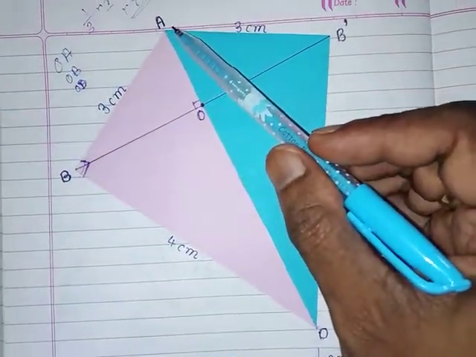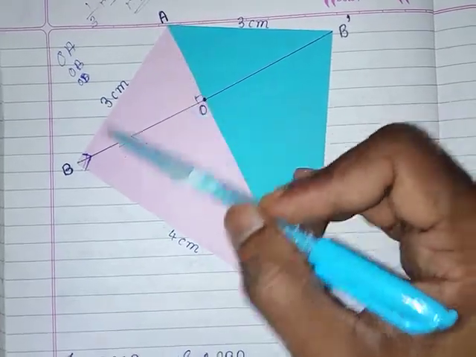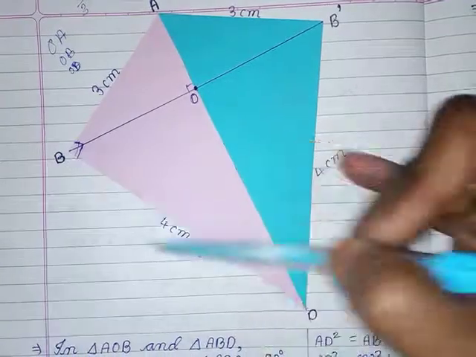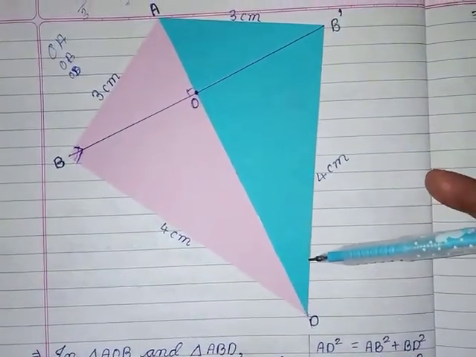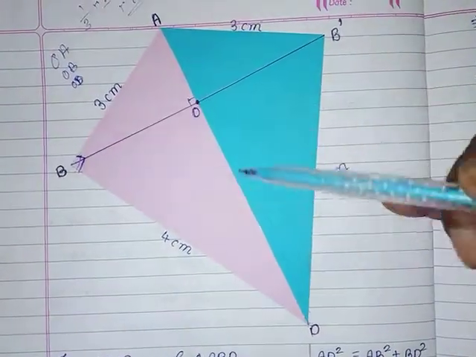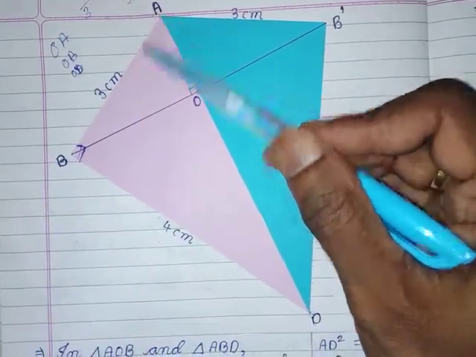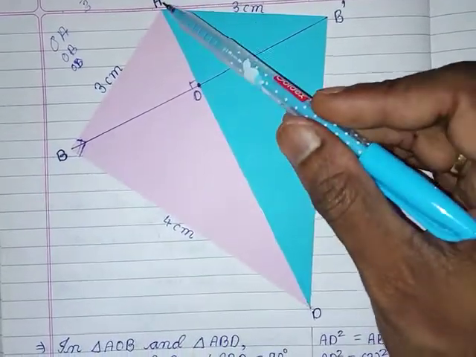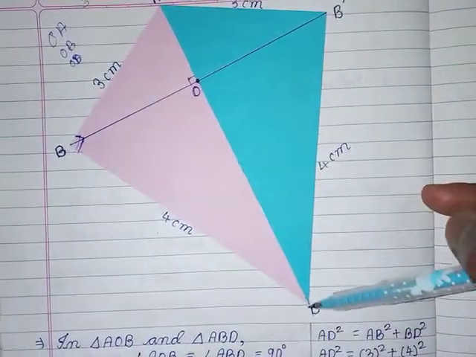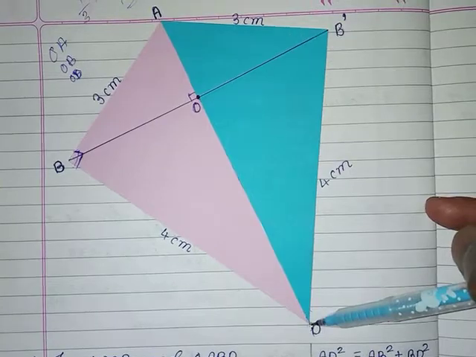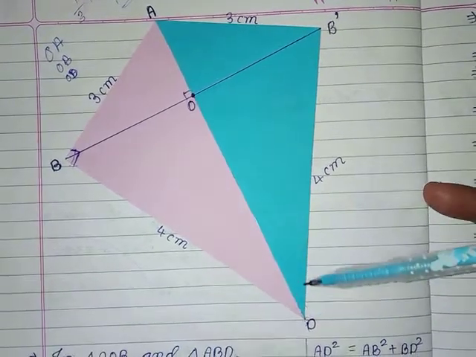Now what is the relation between ABO and ABD? What do you find? What is the same in this? Yes, they are similar triangles, ABO and ABD. Is it? They are similar triangles. So we have to prove these triangles are similar.